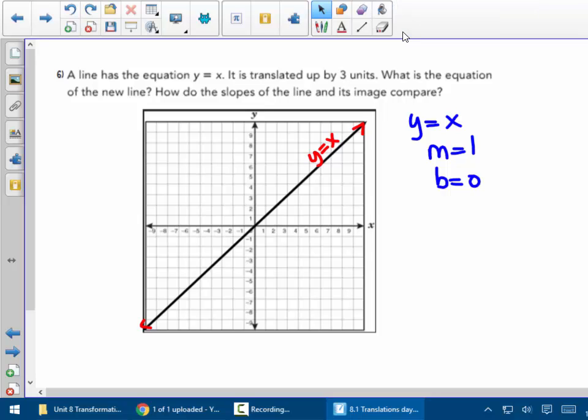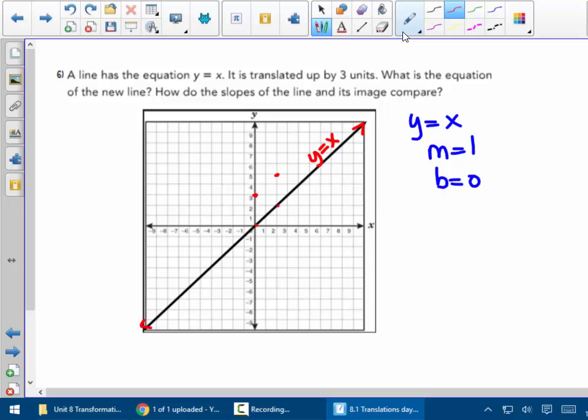And it says it's translated up. Well, up means take the y value and add 3. So this point, for instance, here, 2, 2, if I add 3 to the y value, it puts it up here. Okay. And if I take the point to the origin, 0, 0, and I add 3 to the y, it puts me at my new y-intercept of 0, 3. And I should have another point.